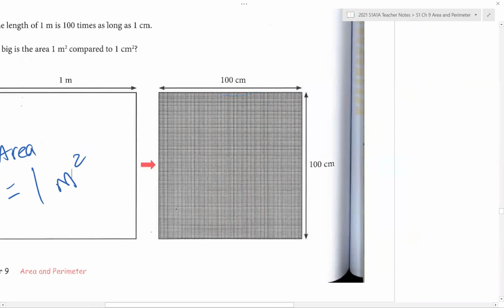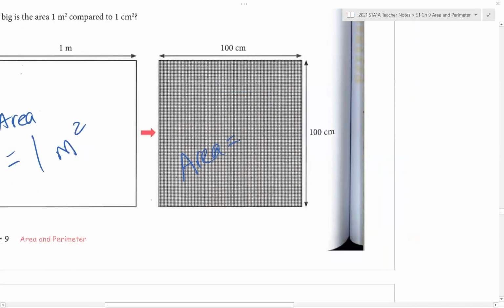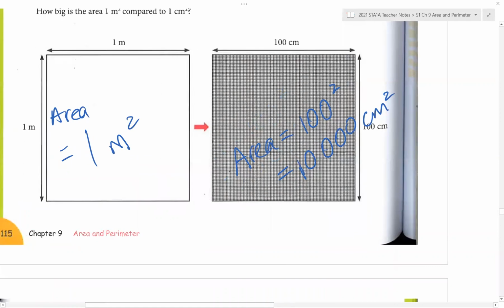What is the area? 100 times 100, which is 100 square, isn't it? Which is 10,000. What are the units here? cm square. Now, we compare these two again.